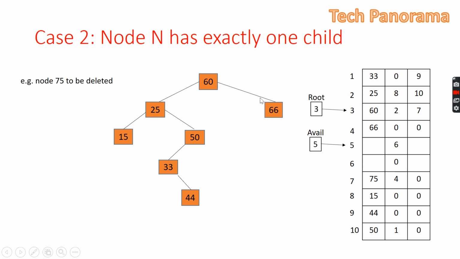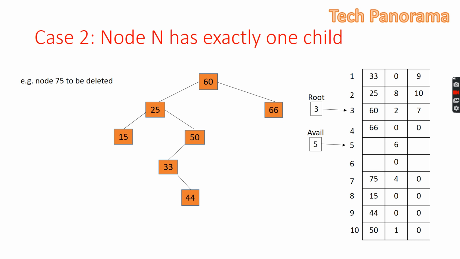And now the 60's right will point to 66, right? I am repeating this point. When we delete a node which has exactly one child, our location will be the node that we are going to delete, 66 is its child, and the parent of 75 is 60. When we delete the 75, there will be two changes. Its child will take its position, and now the 60 will point to 66 rather than 75, right?